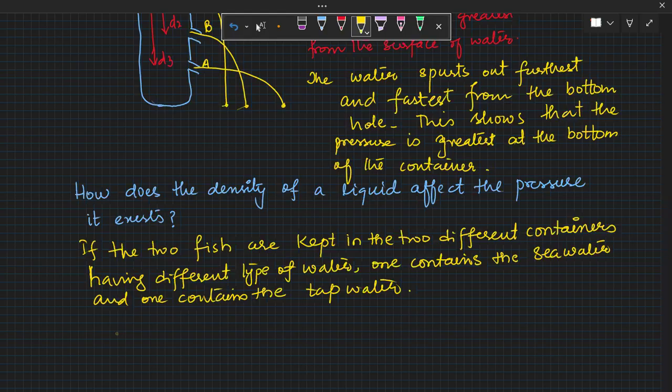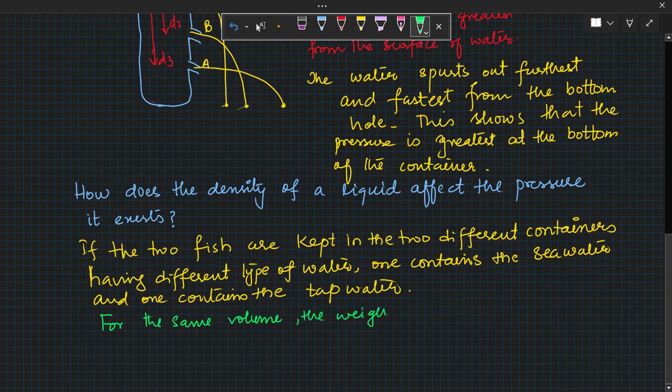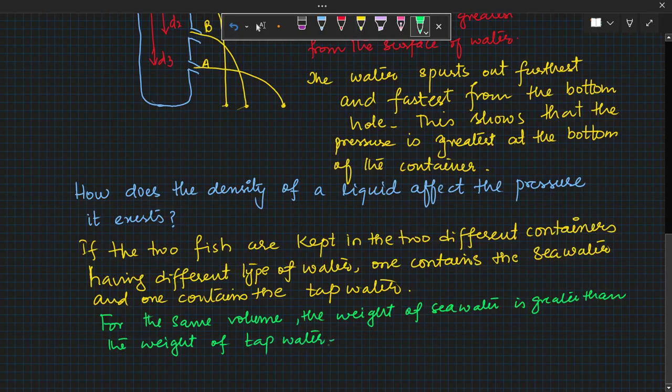Okay. So for the same volume, the weight of seawater is greater than the weight of tap water, right?